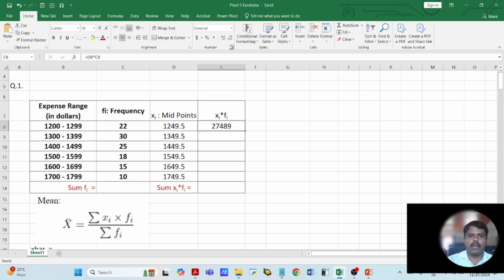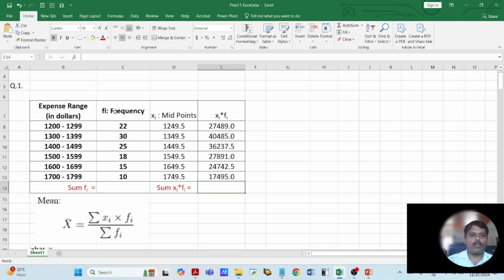Then drag down this cell to last row. So in this way we can get all xi into fi values. Let's see if there is any more decimal. So here it is. Some values have one more decimal place.